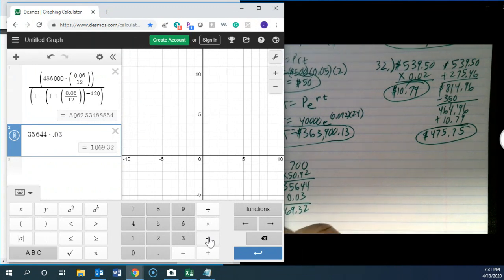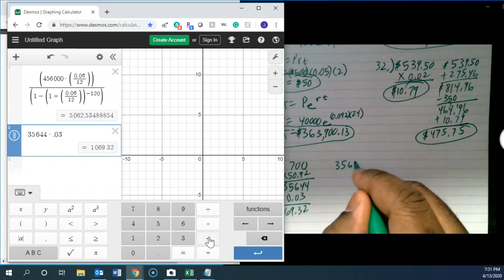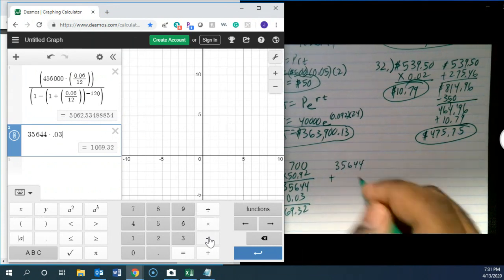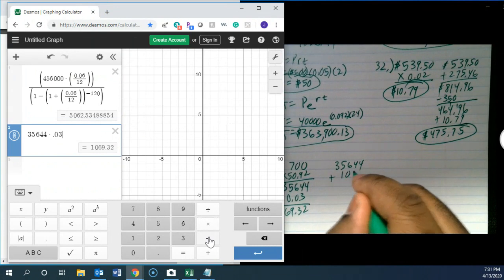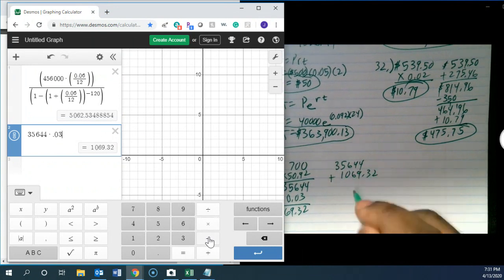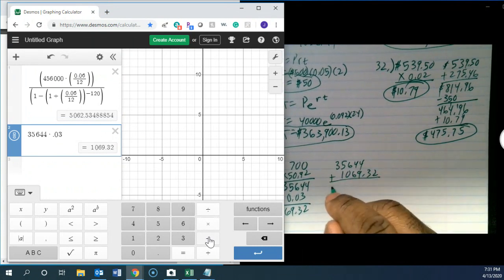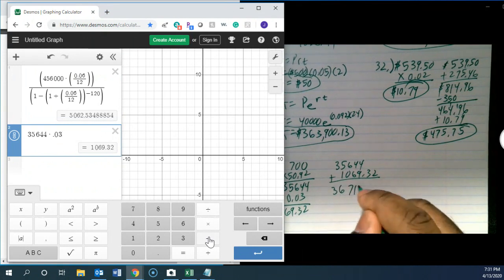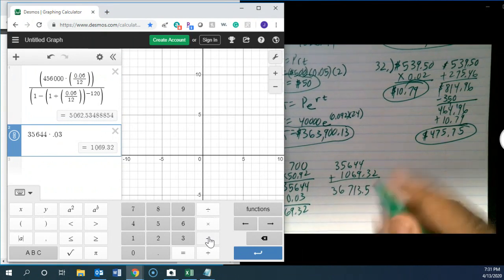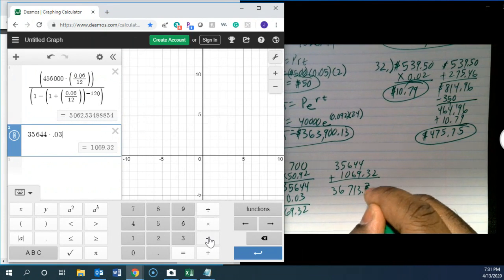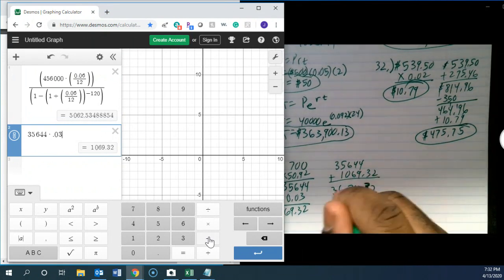Okay, now we have to take the amount that was paid for the stock and add this $1,069.32. So this will give us $36,713.32. I'll just rewrite that.